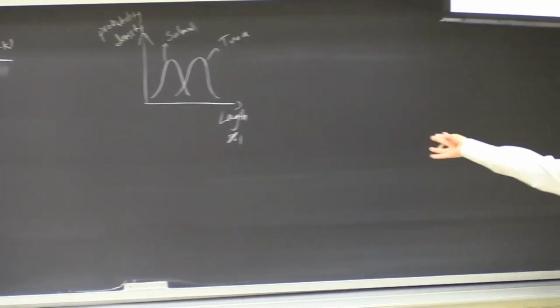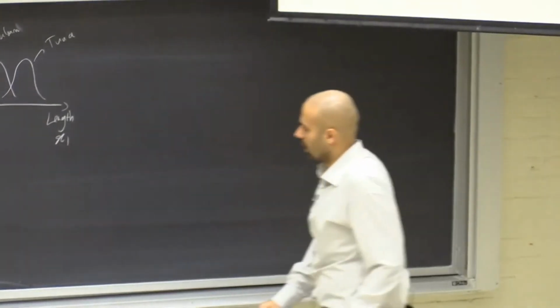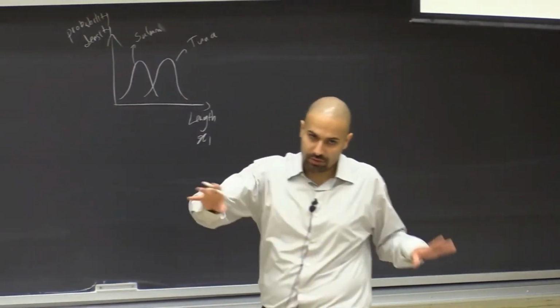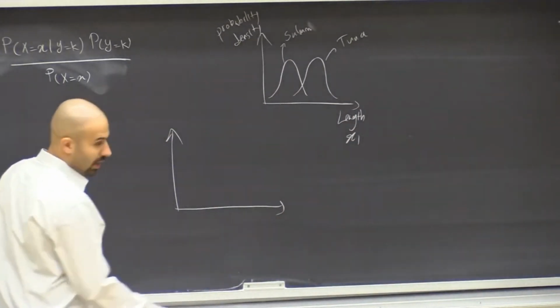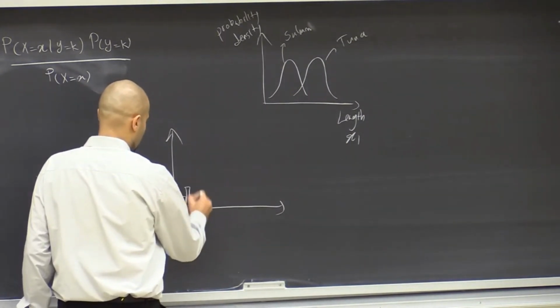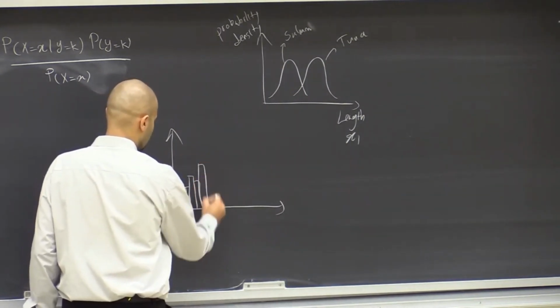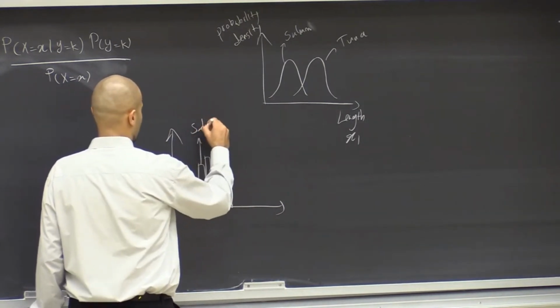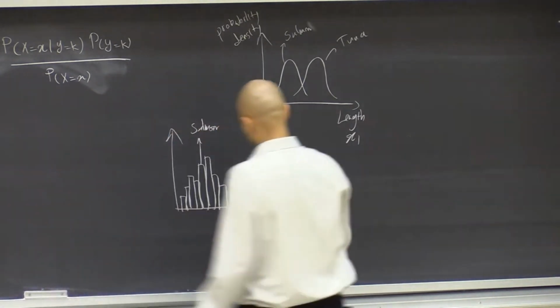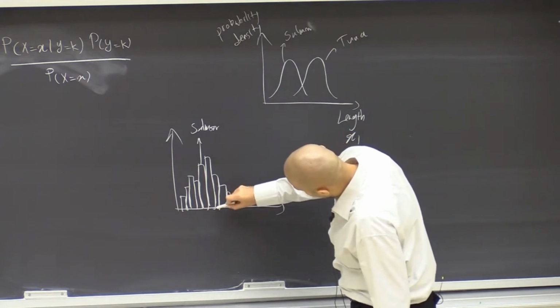Well, we have been in the fishing business for some time, so we have historical data, and based on the previous fish that we have caught, we know that the histogram of length of salmon looks like this. This is salmon. And for tuna, the histogram looks like this.